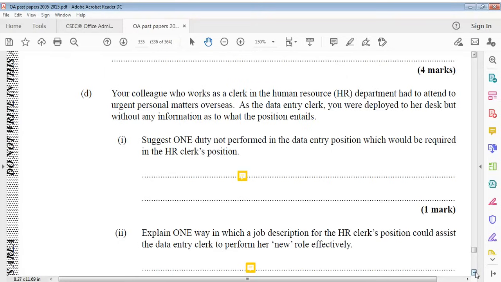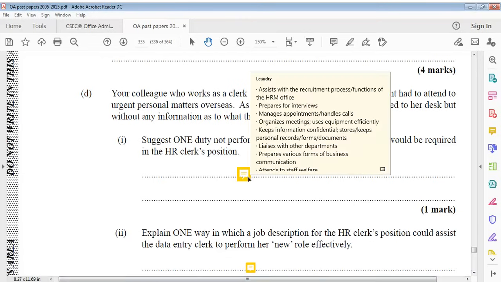1. Suggest one duty not performed in the data entry position which could be required in the HR clerk's position. Let's look at some of them.